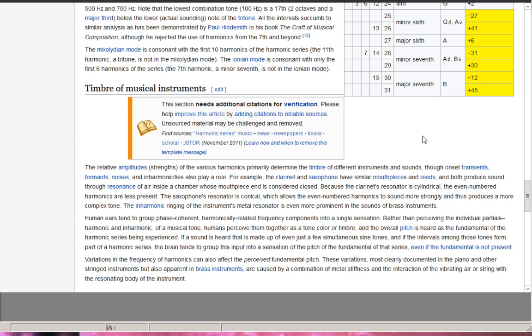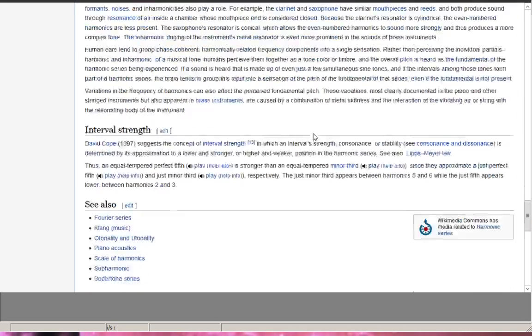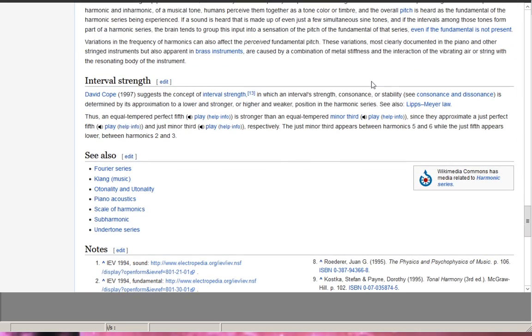The inharmonic ringing of the instrument's metal resonator is even more prominent in the sounds of brass instruments. There's a lot to it.